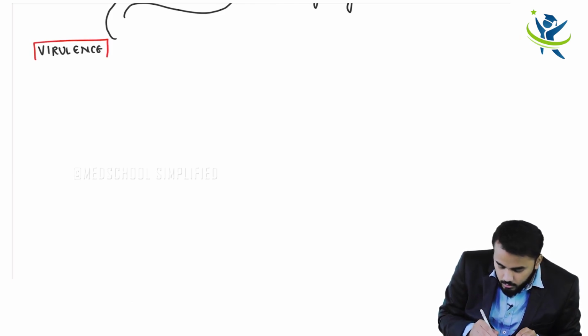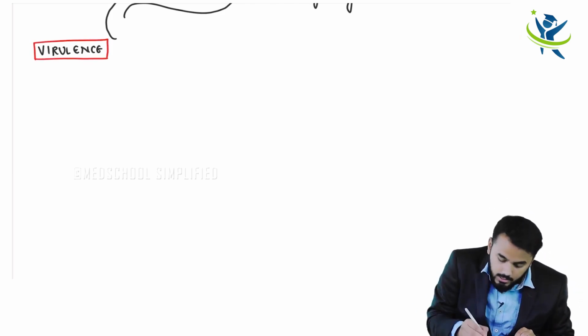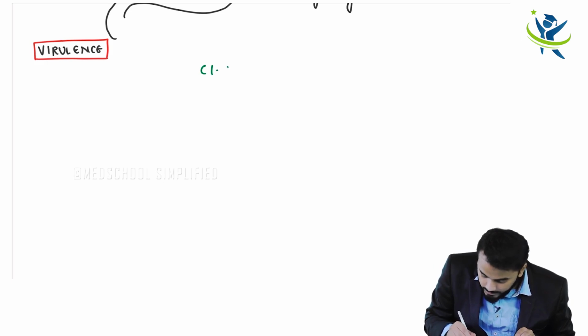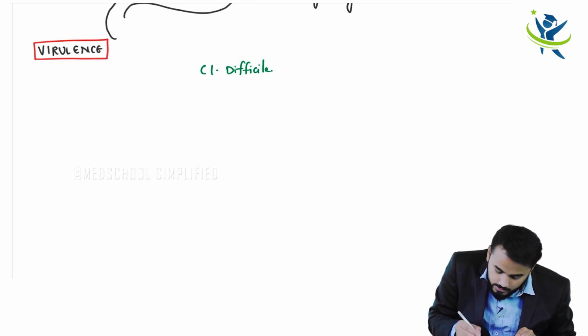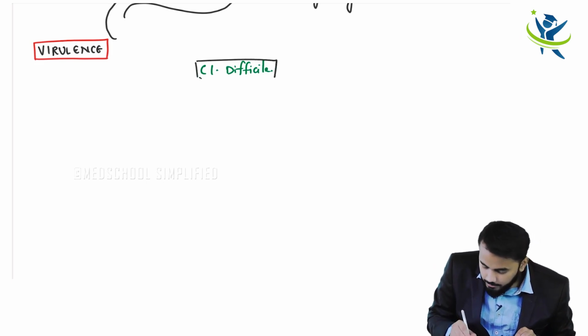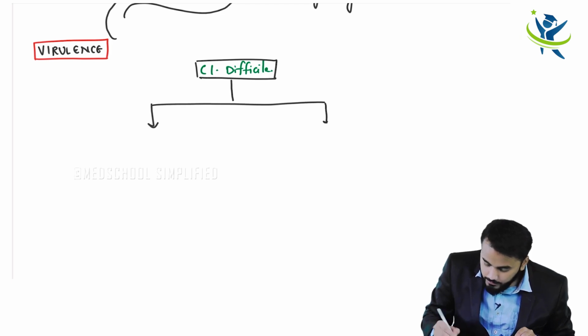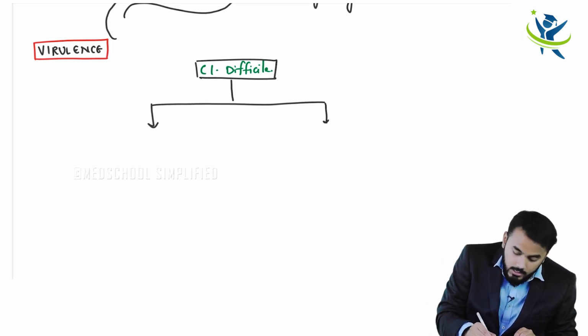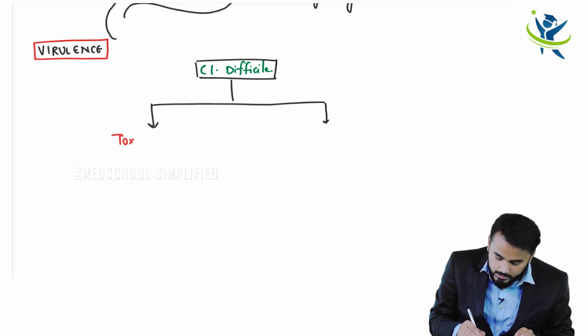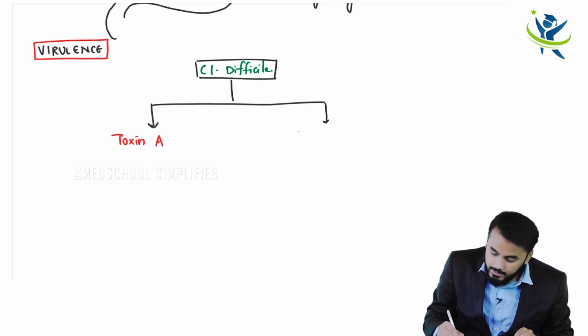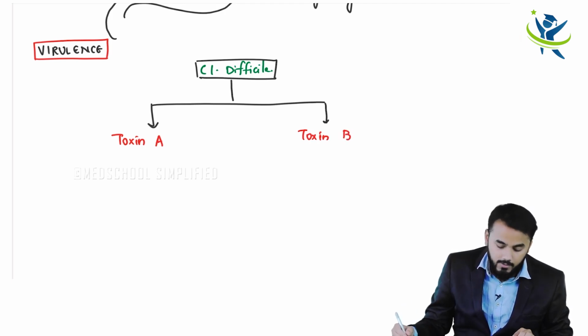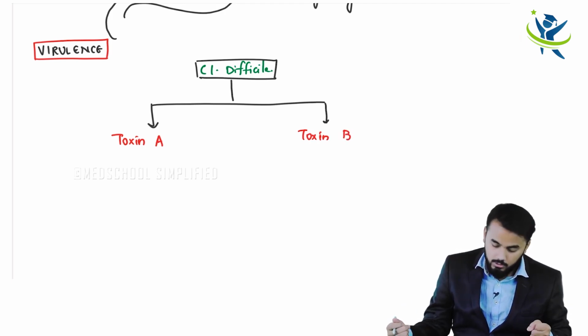Look here, this so-called Clostridium difficile basically releases two types of toxins. And what are these two types of toxins? One is called toxin A and the other one is called toxin B.